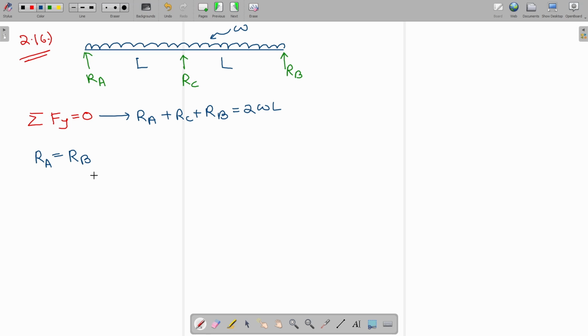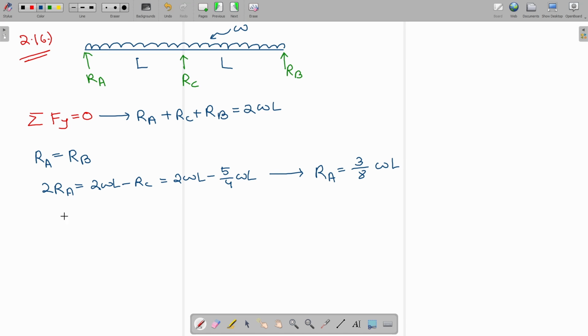Therefore 2RA is equal to 2WL minus RC, which is 2WL minus 5 by 4 WL, using the result from the previous question. Therefore RA is equal to 3 by 8 WL.